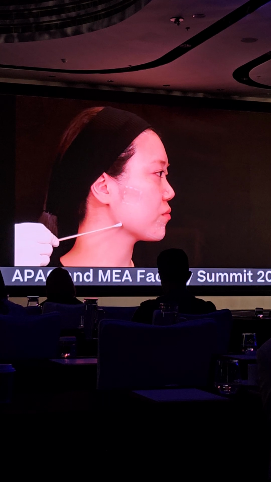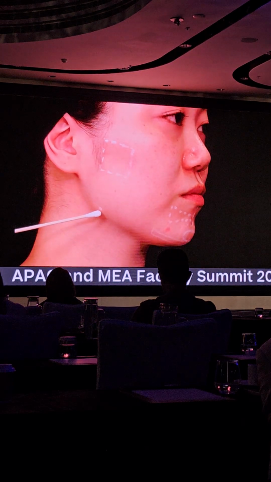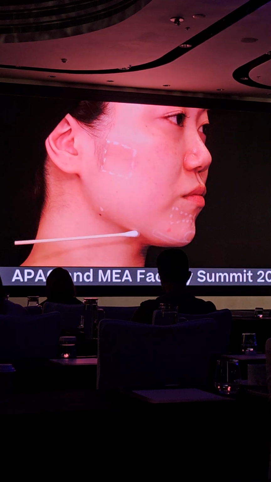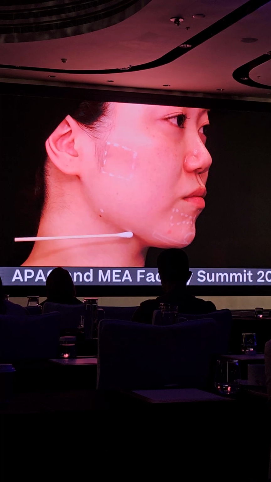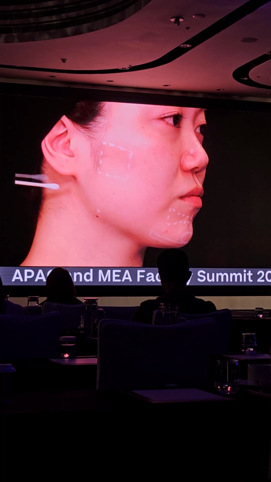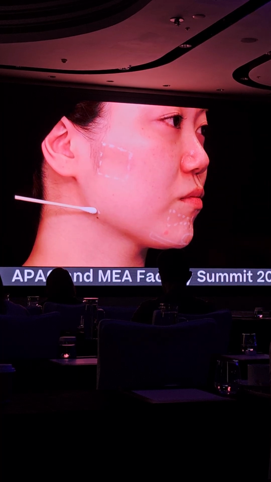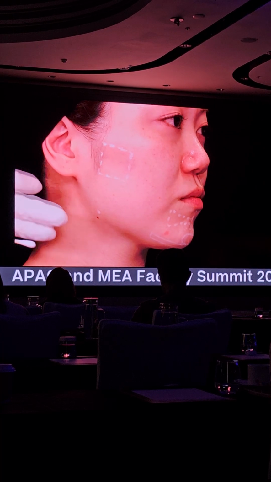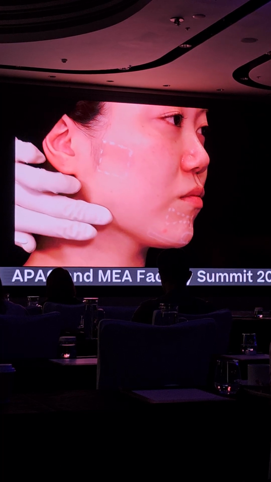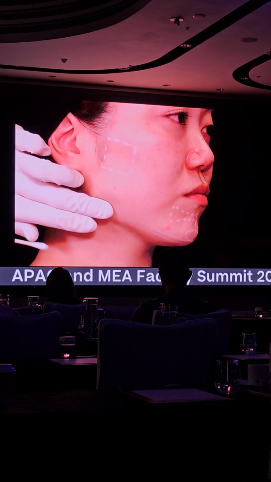Next, let's assess from a profile view. You can see her mandible angle is a bit obscure, and her jawline is slightly unclear. So I'll inject here because this point helps to define the mandible angle and to support stretching the jaw fat around it.